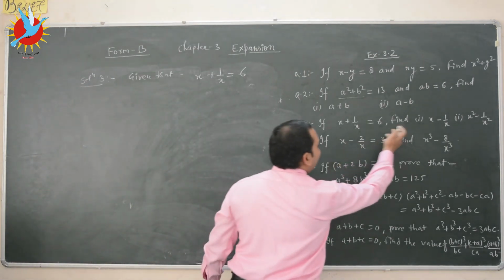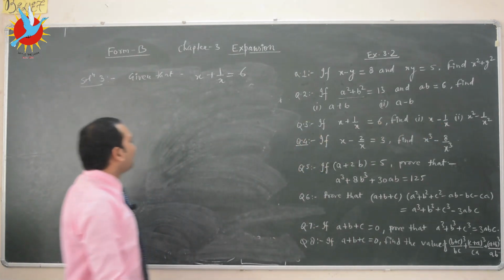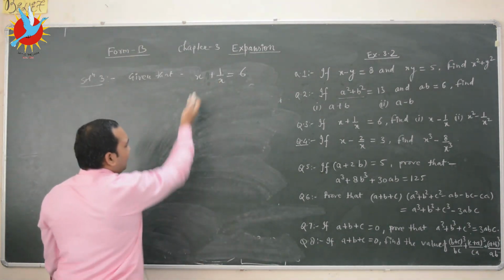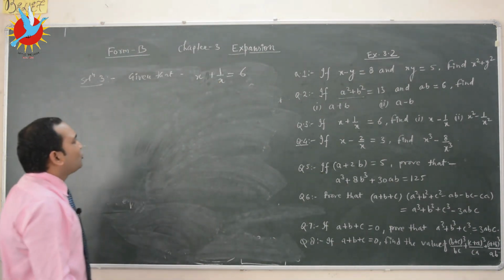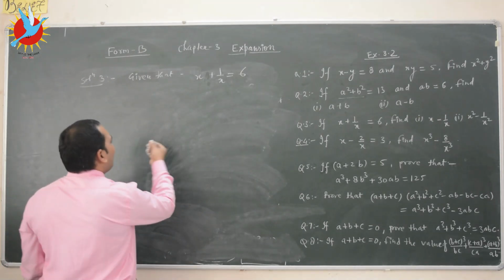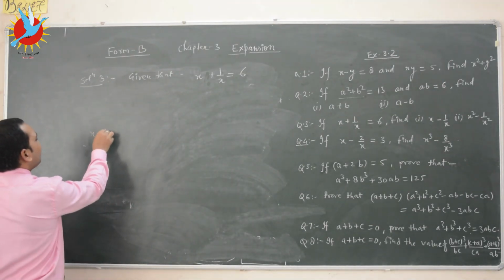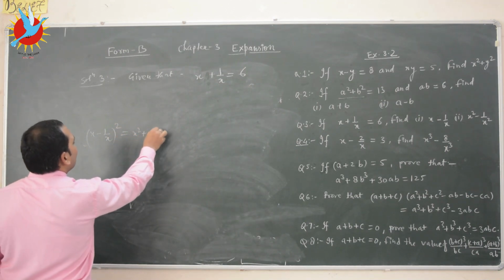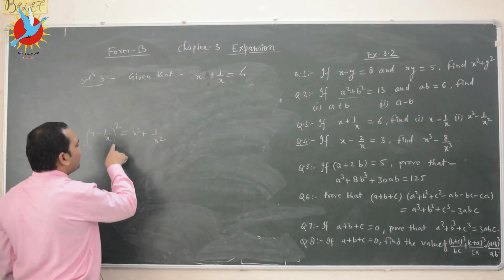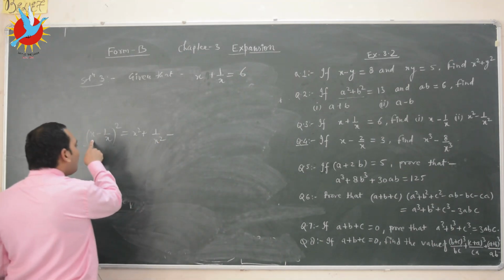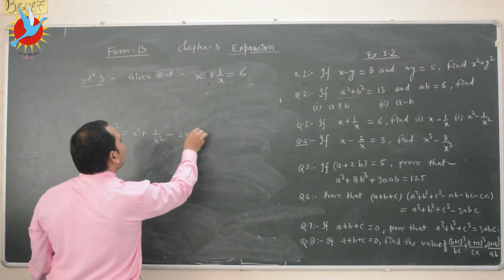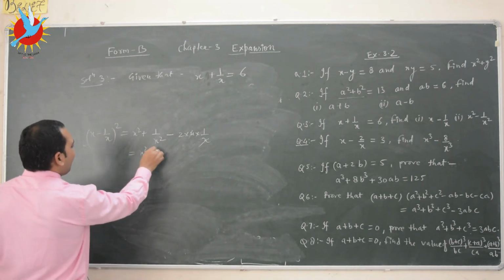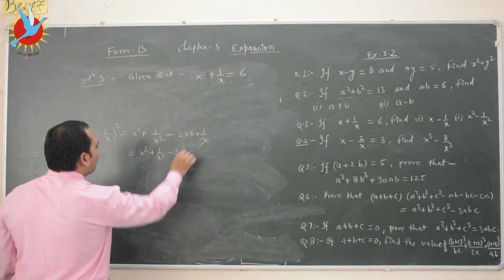We want to find x minus 1 upon x. So how can we find x minus 1 upon x? Here plus is given. So if we want to find x minus 1 upon x and we square it, we get x square plus 1 upon x square minus 2ab, means 2 into x into 1 upon x. So we can write x square plus 1 upon x square minus 2.